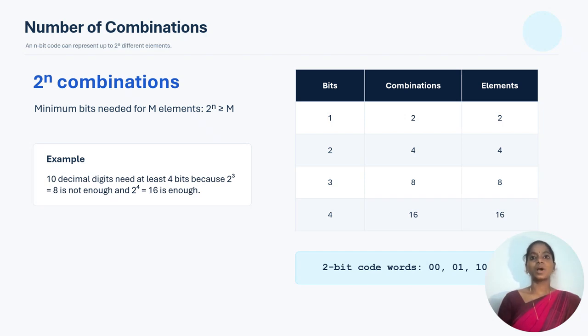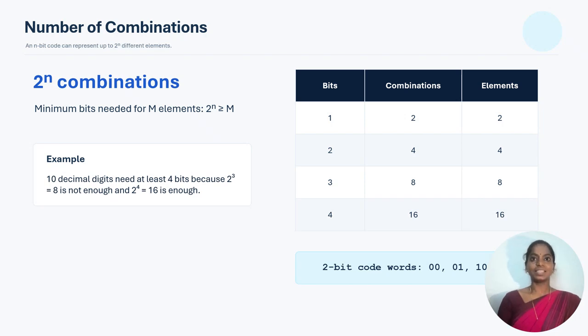Number of possible combinations is 2 power 2 is 4. For a 2-bit code, the possible combinations are 00, 01, 10, 11. Each element must be assigned a unique combination. Two elements cannot have the same binary code because it creates ambiguity.